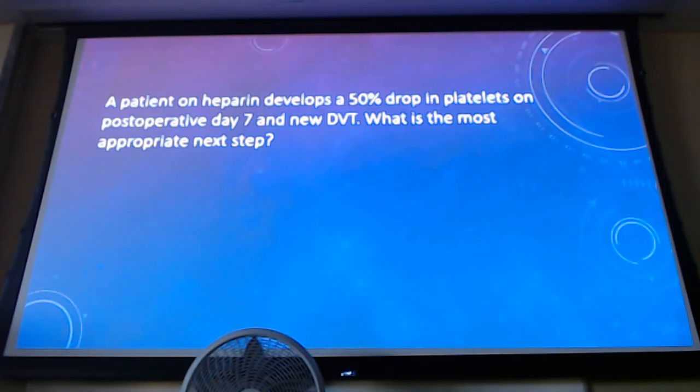Alright, patient on heparin develops a 50% drop of their platelets post-operative day 7 and has a new DVT. What's the most appropriate next step? What are they in? Hypercoagulopathy. DIC.